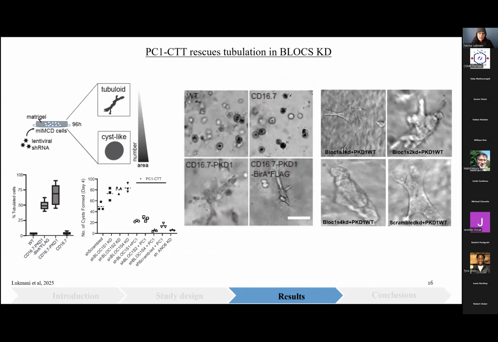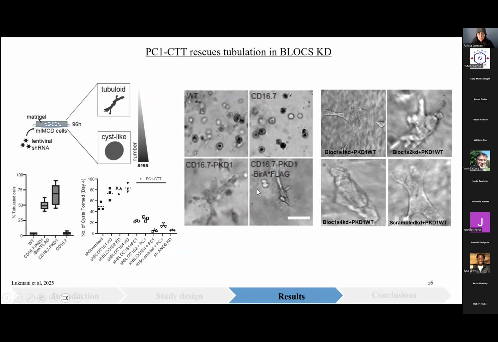And the final leg was here for us to see that the regular healthy phenotype of these cells in the absence of any cyst forming mutation is that they form tubules.